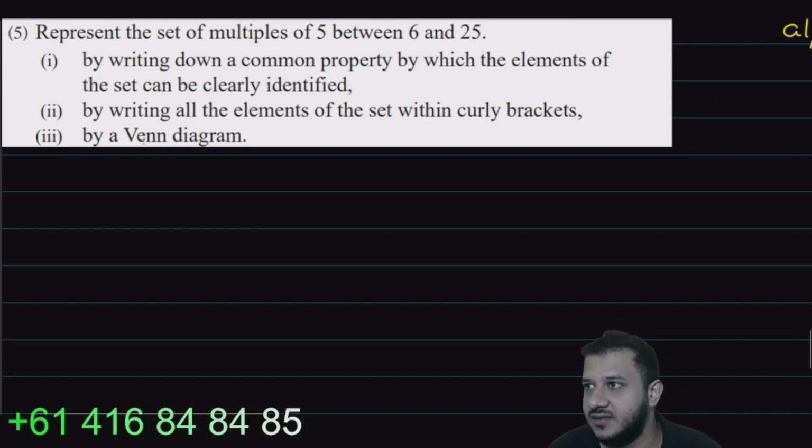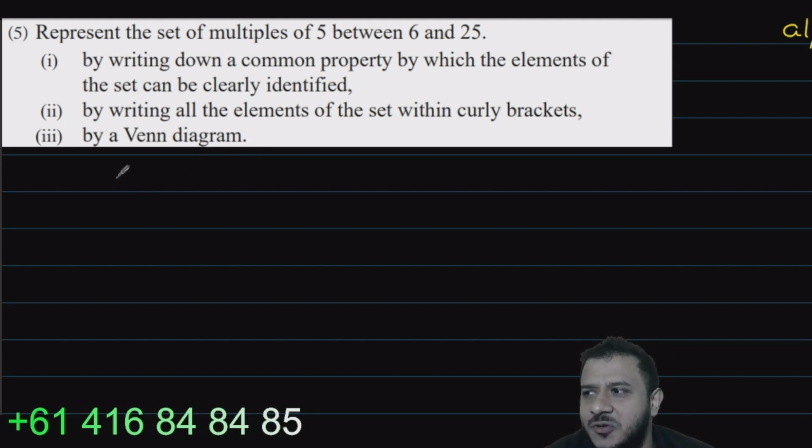Alrighty. The very last question. Let's do it together. Represent the set of multiples of 5 between here to here, by writing a common property by which elements can be clearly identified. They are not giving me a letter for the set, so you can use any letter you like.